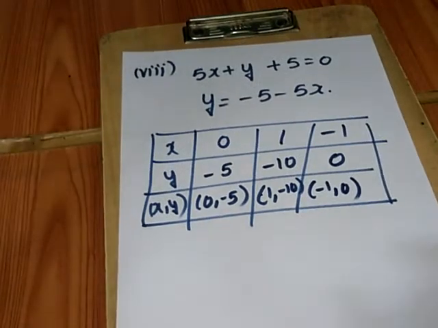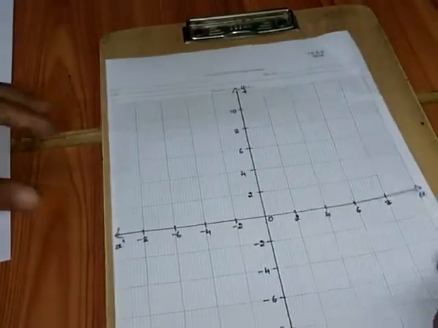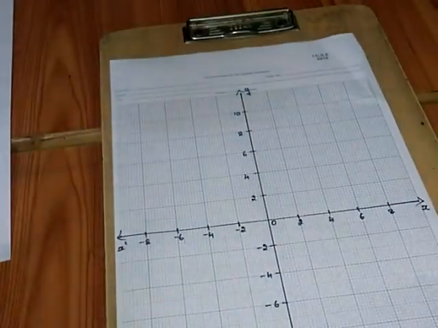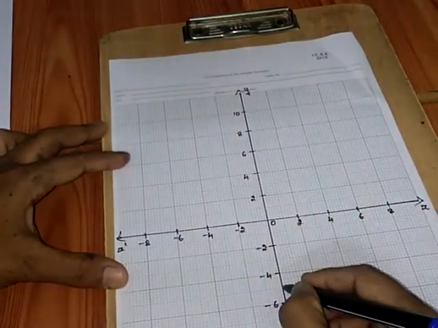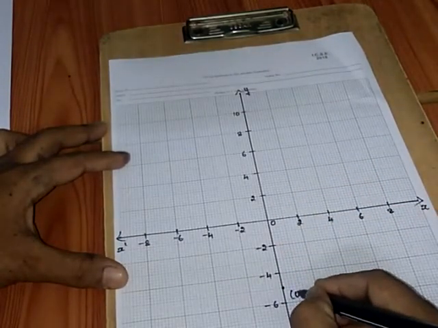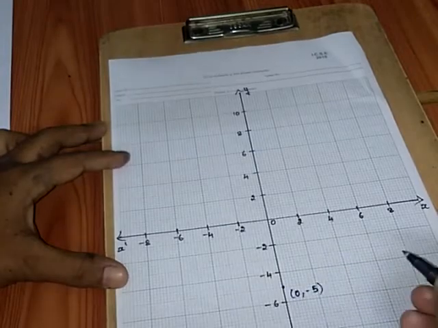So what I need to mark on the graph sheet? 0 comma minus 5, 1 comma minus 10 and minus 1 comma 0. These are the 3 points which you need to mark on the graph sheet. Let us mark, children. 0 comma minus 5. 0 in the x-axis, minus 5 on the y-axis. 0 comma minus 5.